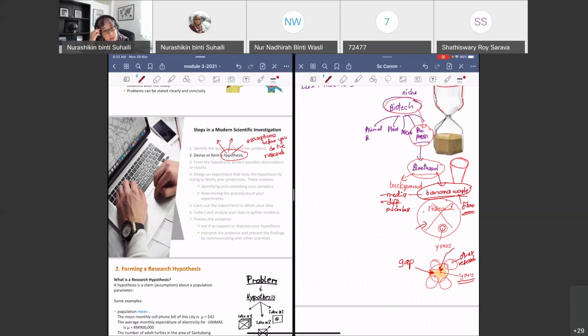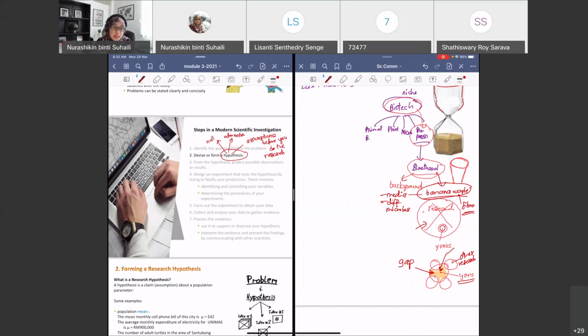Null hypothesis and alternative hypothesis. Correct, thank you. Alternative we also call the research hypothesis. So what is the null hypothesis?